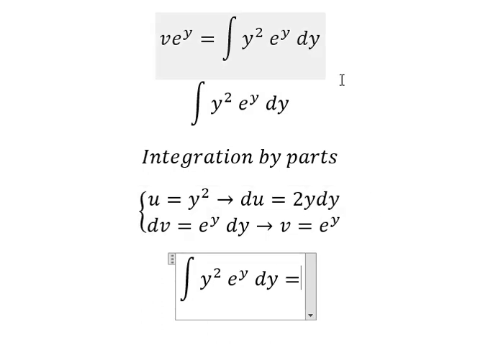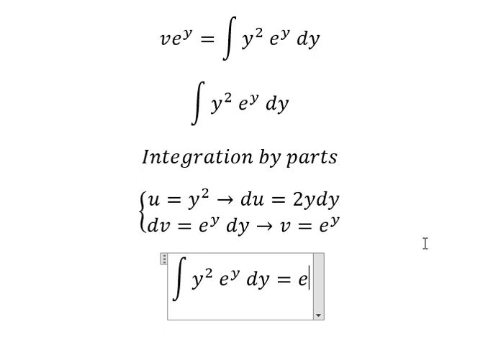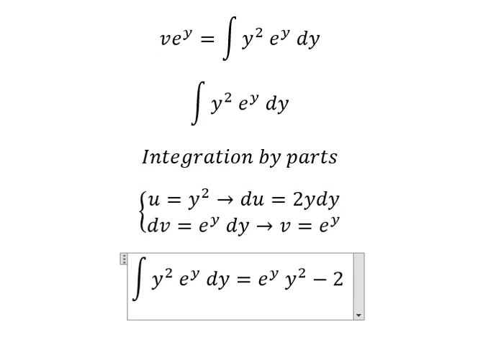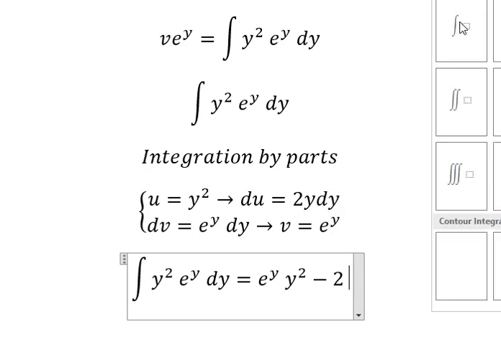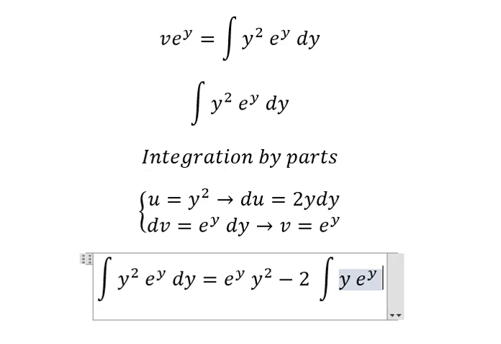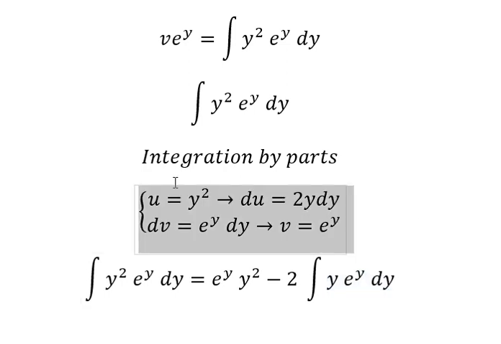So we have u multiplied by v minus the integral of v du. Now we can use integration by parts again.